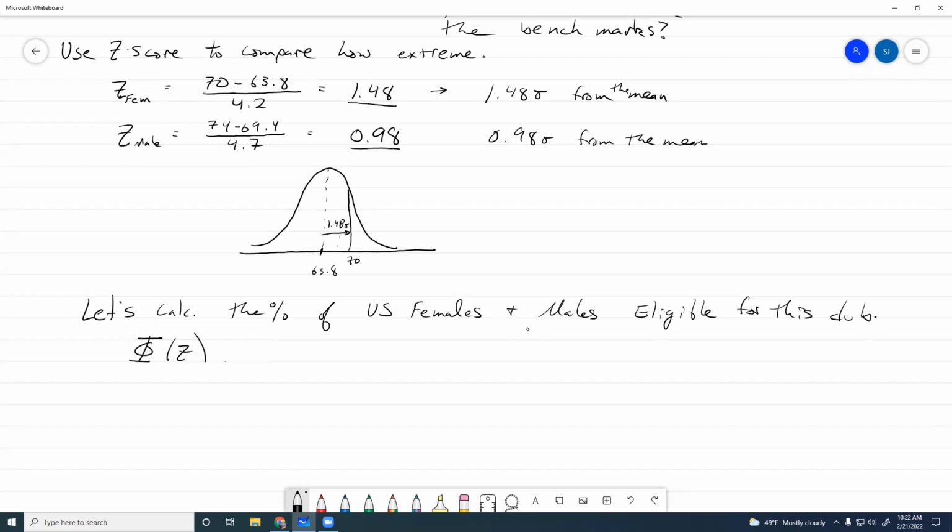Do you remember what this tells us from our last lecture last week? What is phi of z? If we plug a z-score into this function, this was the CDF of the normal distribution. If you calculate a cumulative distribution value, that gives you the cumulative probability, or the probability that our random variable is less than or equal to that value z.